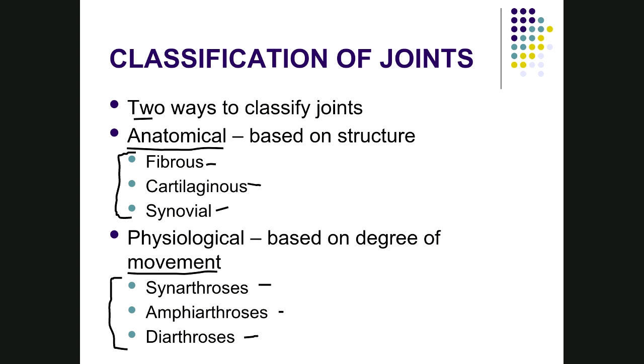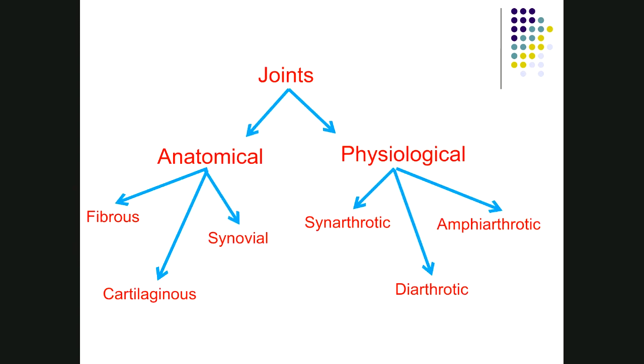So when you see arthro anywhere, it's referring to a joint. So let's look at these. Here is a flow chart just to show you these classification systems. Again, anatomical: fibrous, cartilaginous, synovial. Physiological: synarthrotic, amphiarthrotic, and diarthrotic.